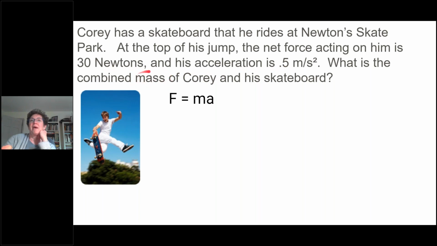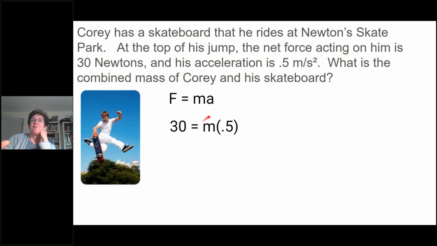It's asking for the mass. So the mass is going to be our unknown. When we substitute in, it looks like this. 30 newtons equals my mass, whatever that is, or actually Corey's mass, times 1/2 meters per second squared.